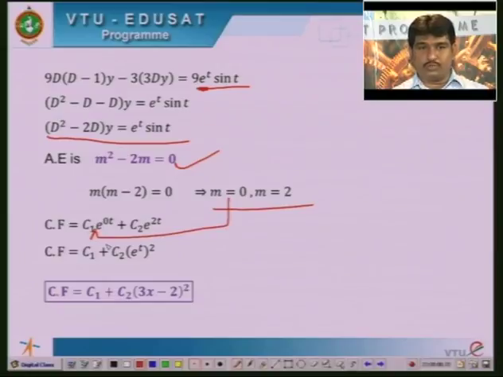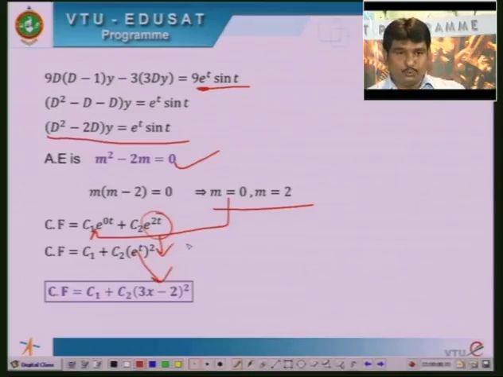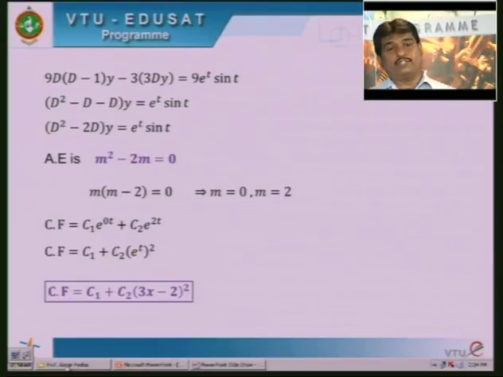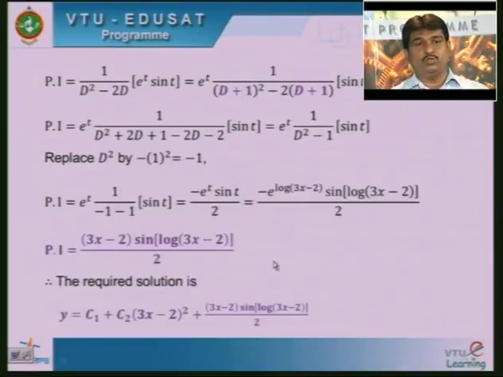For m equals 2, it is C2 e to the power of 2t. We can write e to the power of 2t as (e to the power of t) the whole square, and then you replace e to the power of t by 3x minus 2. So the complementary function is C1 plus C2 into (3x minus 2) the whole square.